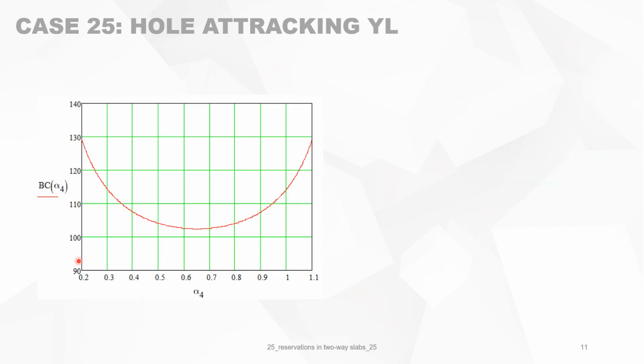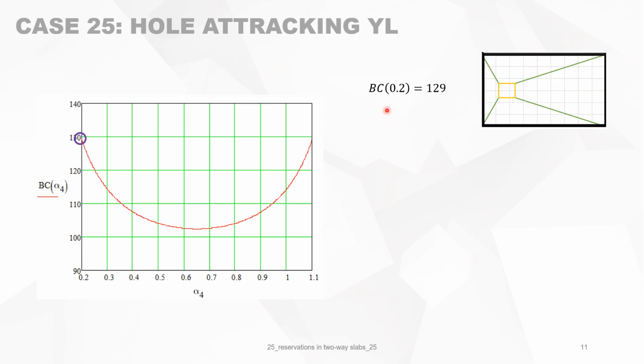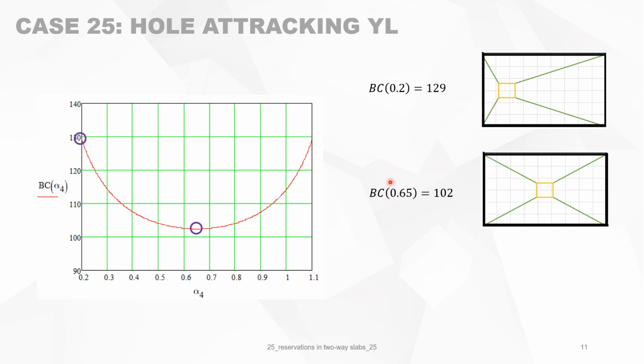We can make it a graph where x is alpha 4 from 0.2 to 1.1, and the y-axis is the bearing capacity, and the bearing capacity on the left-hand side, 0.2, is this position. It's 129.